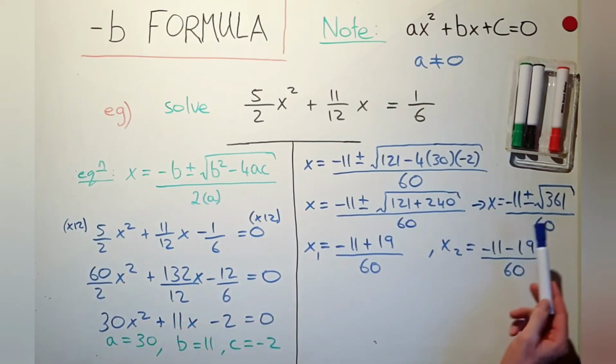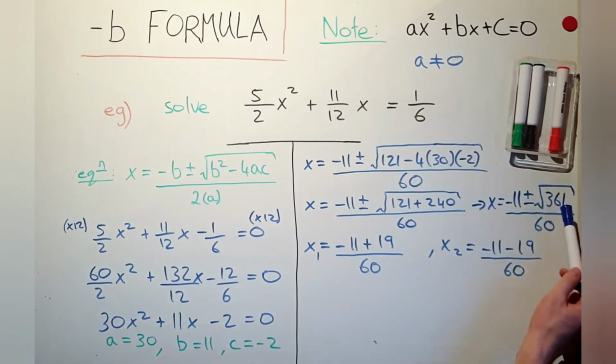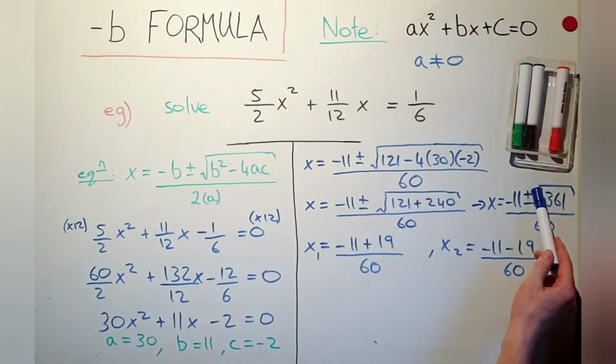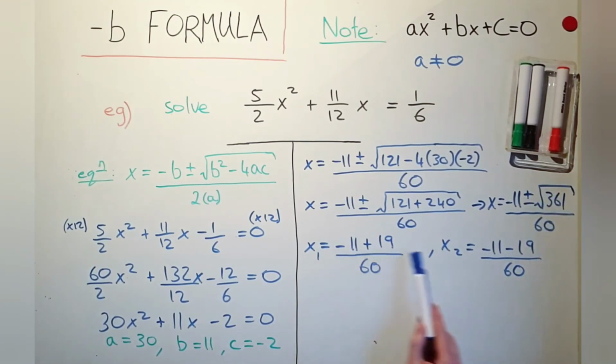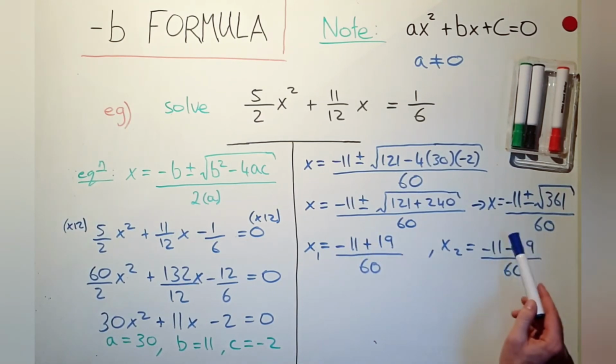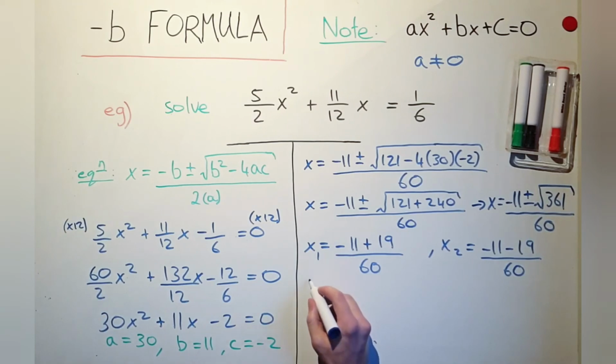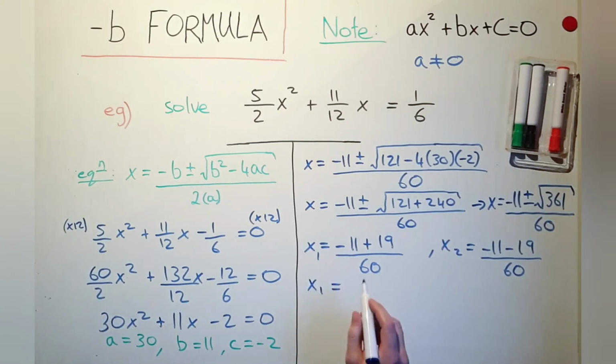So therefore, when we do get our square root of this value, whatever it may be, we have to take the positive of that square root and the negative of the square root. And that's why we have two roots, one being the positive and one being the negative. So then simplifying x1, that's going to equal plus 19, that's going to be a positive 8 over 60.